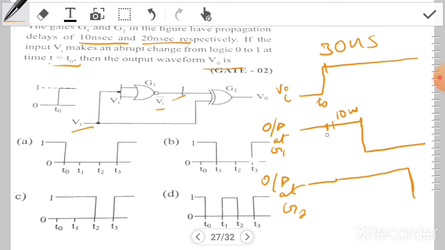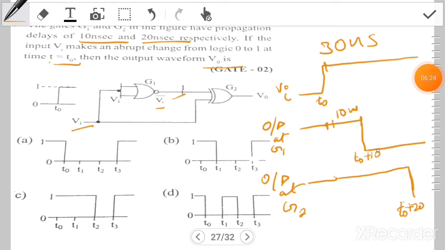So if this is T0, this is T0 plus 10, and this is T0 plus 20.